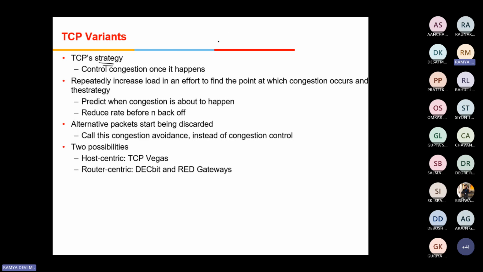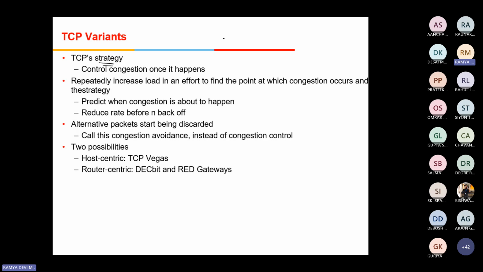How does classic TCP work? This strategy is used in variants like Tahoe and Reno. For congestion control, the sender increases the transmission rate, probing the network capacity until congestion occurs.